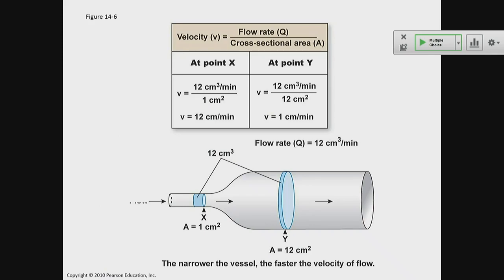Velocity is Q divided by the area. That means that if blood vessels are very narrow, the blood needs to flow faster in the narrow section than in a very broad section.